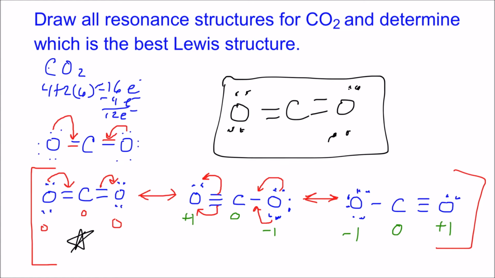So remember, when you do resonance structures, you're going to put them all in brackets. You're going to put these double-headed arrows between them, and then you're going to push the electrons from the more negative areas towards the more positive areas. Notice how all of the arrows in this molecule are heading away from the negative one and towards the positive one.